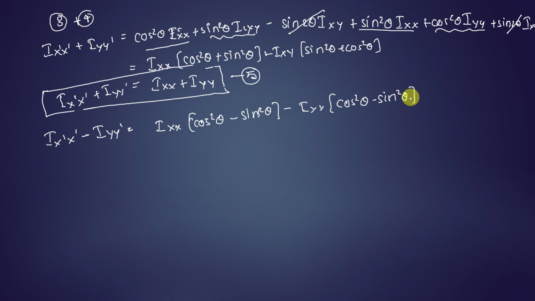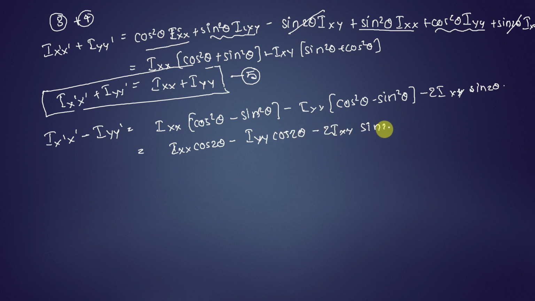That is very easy to simplify, it is entirely simplification, there is nothing unknown about it. What is cos square theta minus sin square theta? Cos 2 theta, right? So it is Ixx cos 2 theta minus Iyy cos 2 theta minus 2Ixy sin 2 theta, right? That is the value of Ix'x' minus Iy'y'.